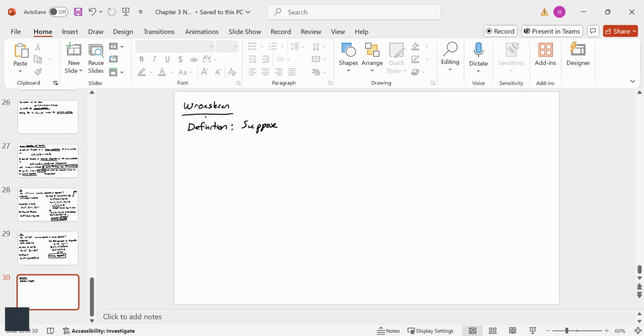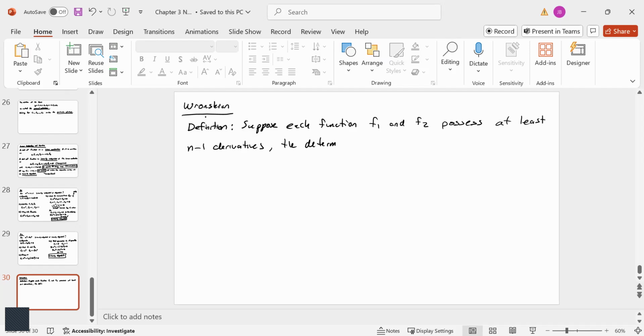So suppose each function f1 and f2 possess at least n minus one derivatives. Really just one derivative in this case.